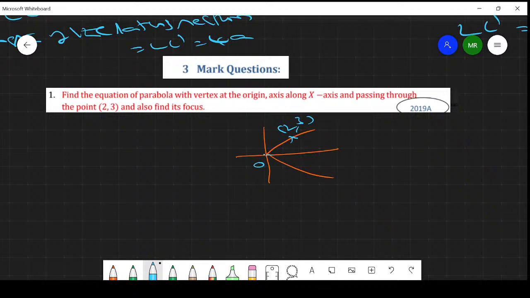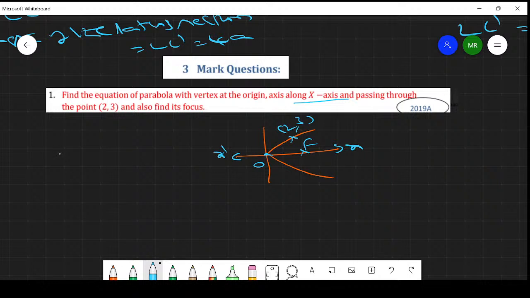This is the origin, and this is the axis of the parabola, x'x. This is the focus F.